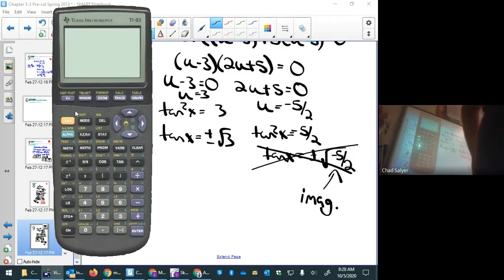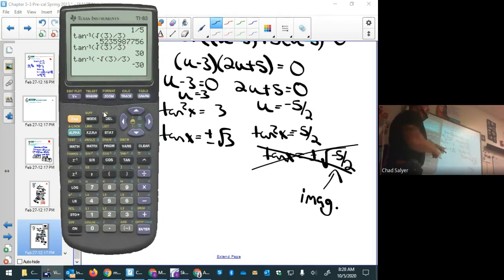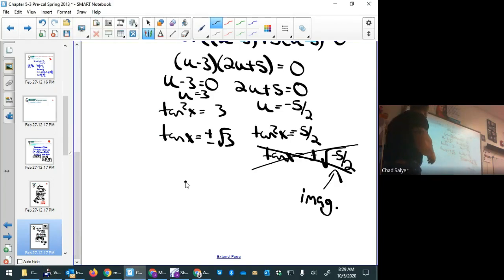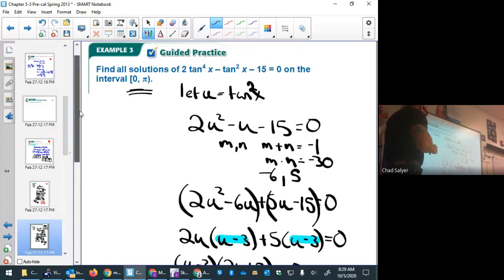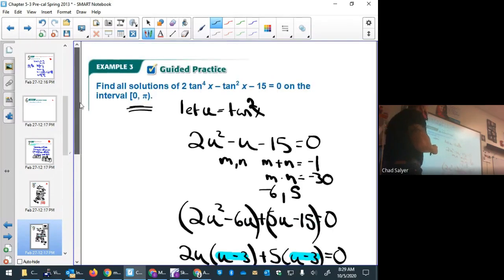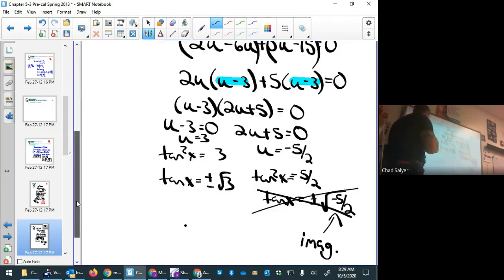But in general, you will have to rely on the calculator a lot heavier. And remember that the tangent inverse is only defined in Q4 and Q1. But we're considering the entire range from 0 to pi, so there are going to be some solutions here that do not meet that criteria. So not the whole unit circle, just the top half. But we can figure this out.